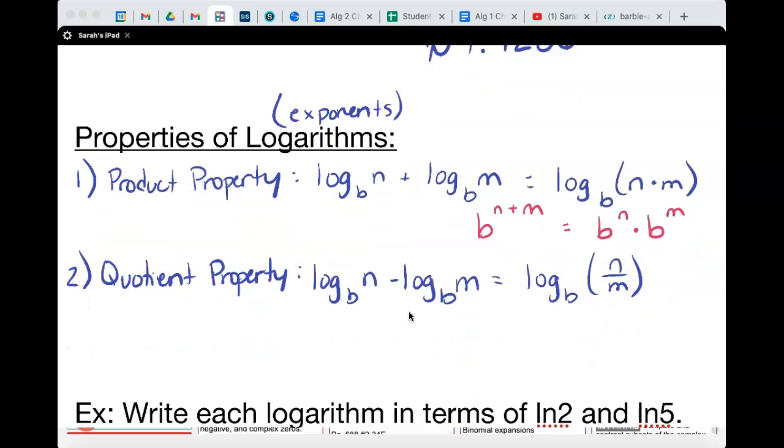And the reasoning for this is identical to the other one. If I have the fraction b to the n power over b to the m power, we should know the rules of exponents. If I have a quotient with the same base, I am subtracting the exponents. So it's the same thing as b to the n minus m power. That's where this property for logarithms comes from.